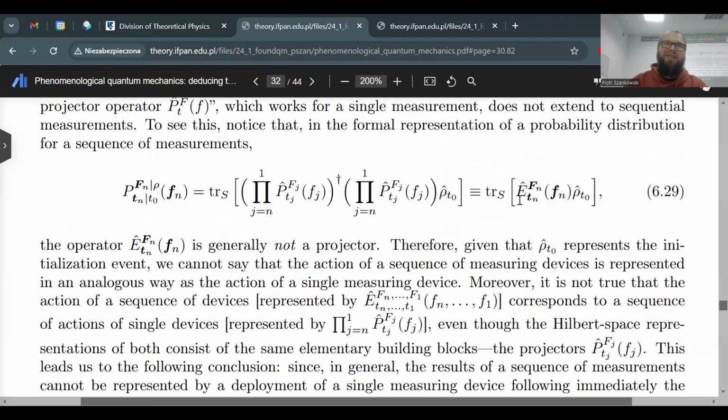So in other words, you cannot absorb what's going on here into a choice of an observable that you deploy immediately after initialization.